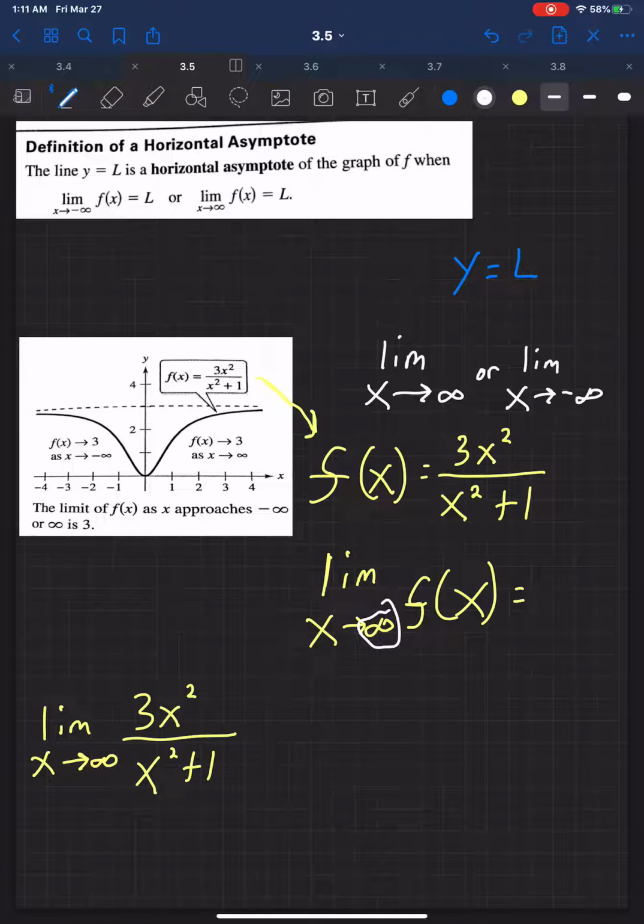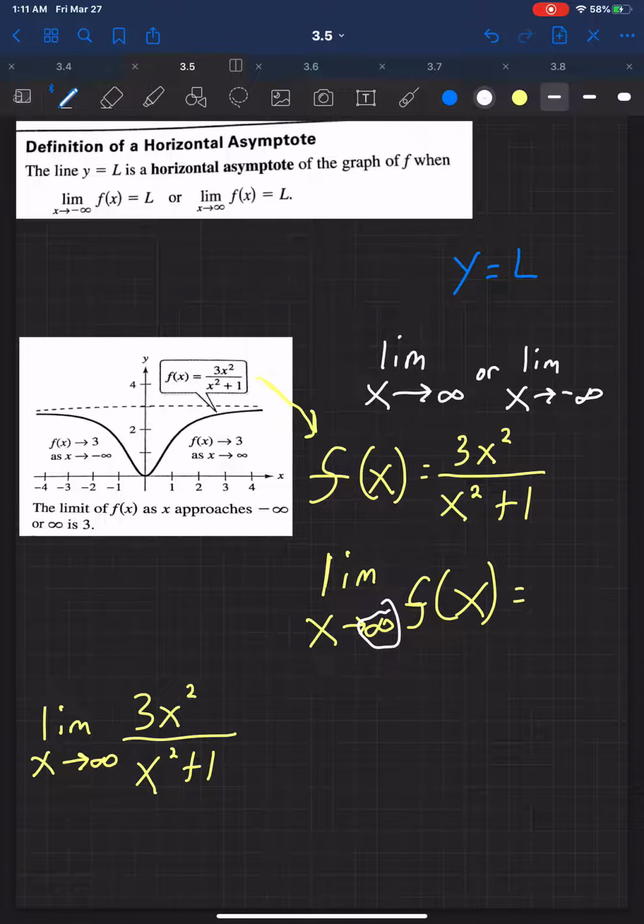So what I'm about to do is divide the numerator and the denominator by something, and that something is going to be the highest degree, or maybe let me restate it. You could think of it as the highest degree of the denominator.